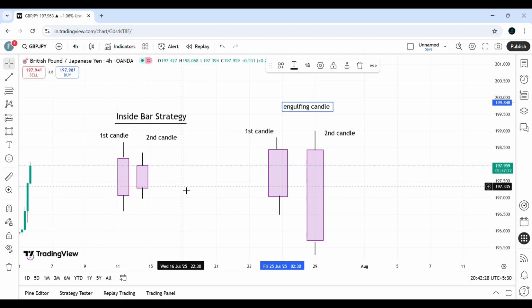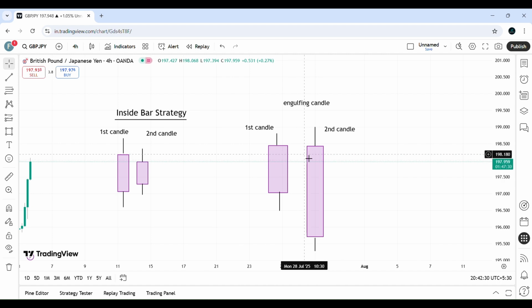So for the engulfing, you could see the second candle is completely covering up the first candle. The first candle is completely engulfed by the second candle from top to bottom, including the wicks and the body. This is what is called an engulfing candle.